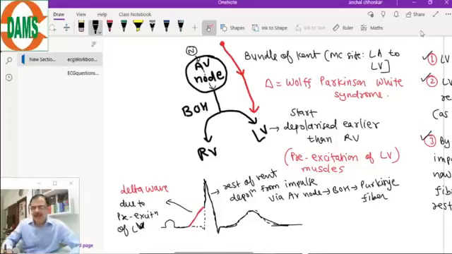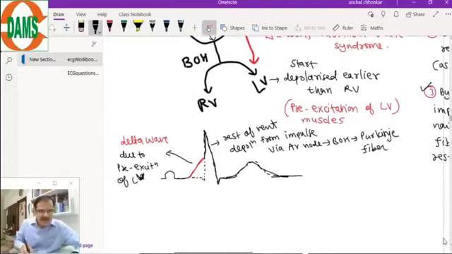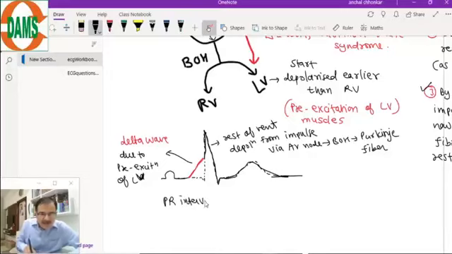So the changes of WPW syndrome will be: number one change is the PR interval is short. PR interval is short, no doubt.